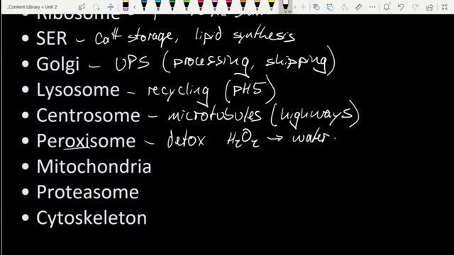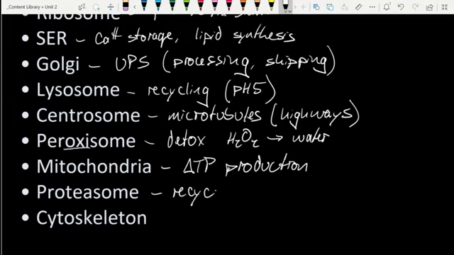The centrosome, the source of microtubules, which are the highways of the cell. Peroxisome, mitochondria, proteasomes, we didn't talk about these in the endomembrane system because they're not part of the endomembrane system. They're not involved in the protein synthesis and production transport that we talked about, but they are important membrane-bound organelles.